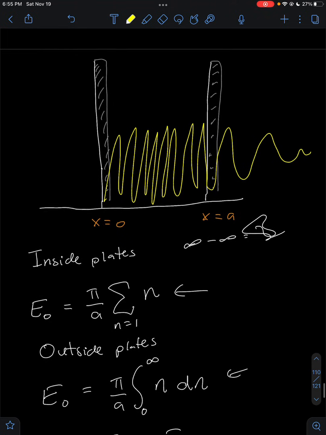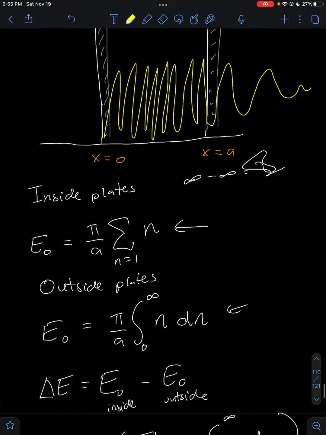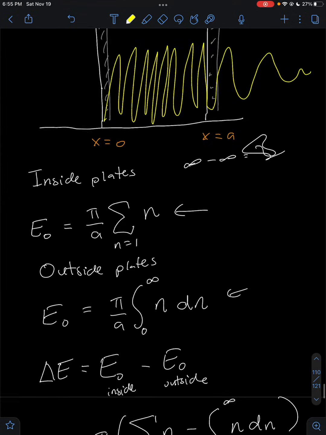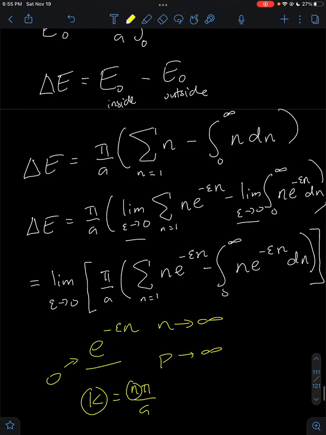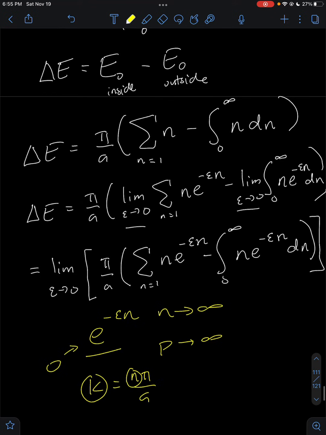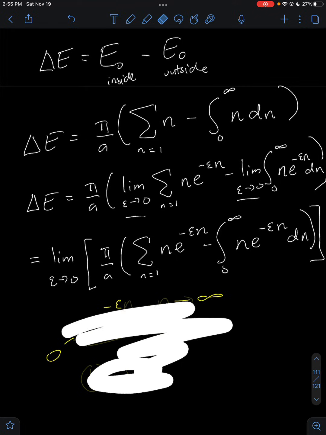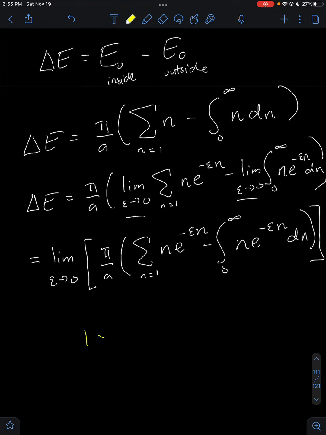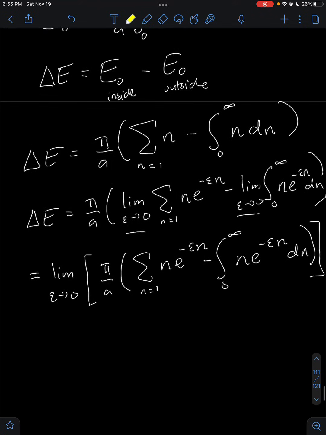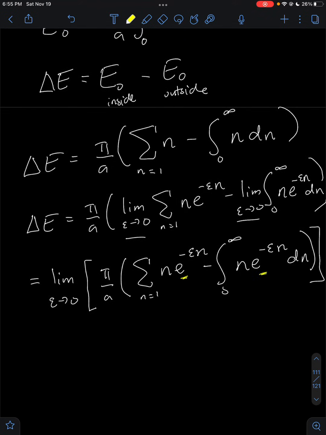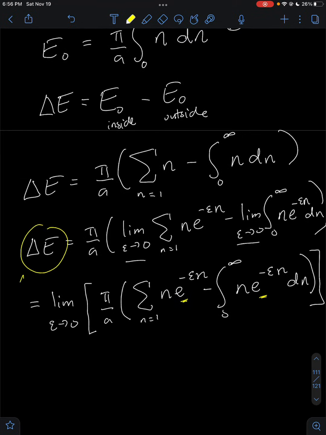For higher and higher frequencies it should go to 0, since we don't want to count those fields. That's the physical interpretation of this e to the minus epsilon n. The mathematical interpretation is that 1 is literally the limit as epsilon approaches 0 of e to the minus epsilon n. That's the interpretation of adding this decay factor, and it turns out that adding this factor is going to make this finite.